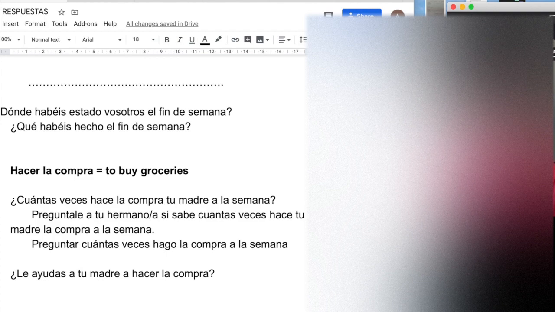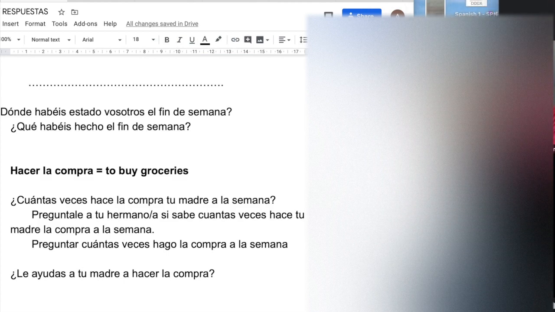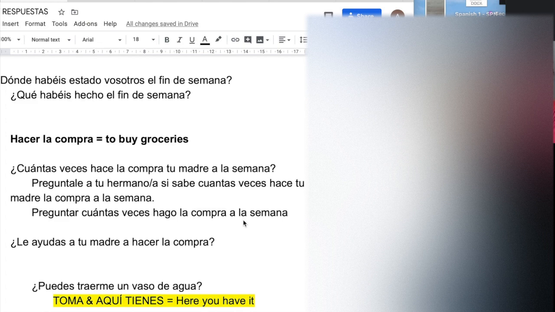Nosotros no hacemos la compra, pero mis padres hacen la compra una vez en la semana. ¿Una vez a la semana, Hannah? Una vez. Una vez a la semana. Más o menos. Sí, sí, Finn. ¿Quieres decir algo? Sí, más o menos. Más o menos una vez a la semana.